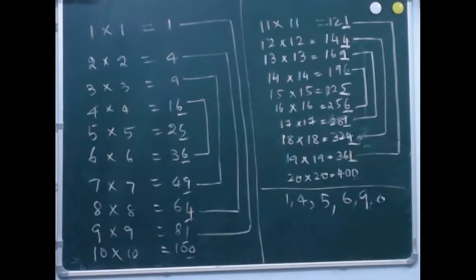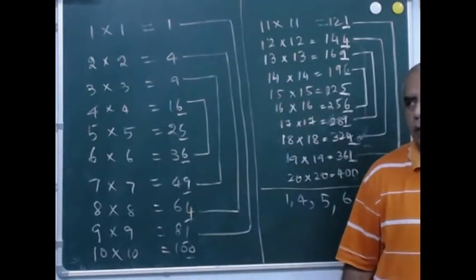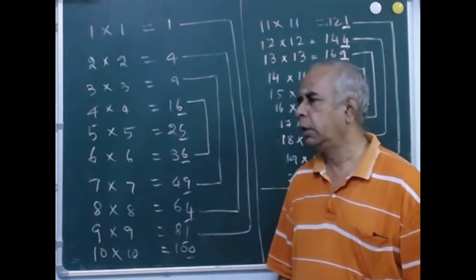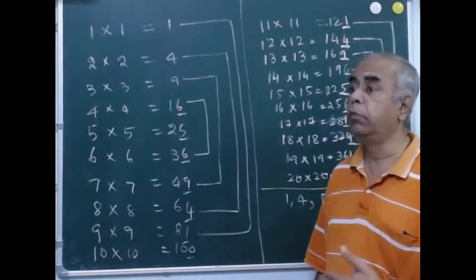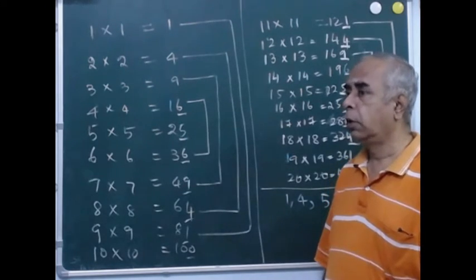So if any number has the unit digit 1, 4, 5, 6, 9, 0, it may be a perfect square. They may have, but we cannot demand all. But one point is clear.